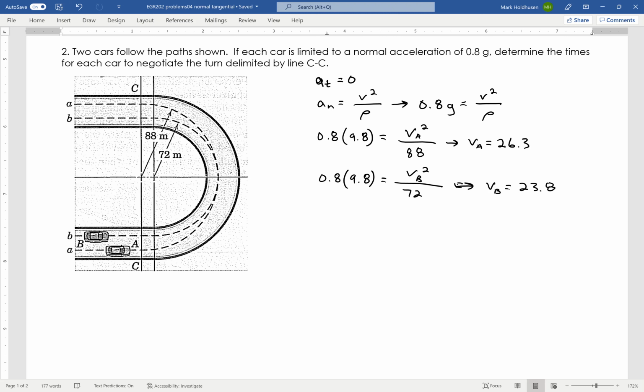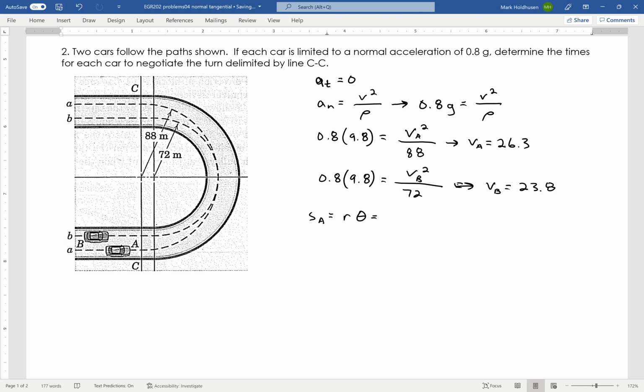Okay, so let's talk about the distance traveled of these two. Let's start with A. A is just going around a semicircle from C to C, right? So the arc length is essentially the radius times the angle, which for our purposes will be pi. I need to do this in radians; degrees won't work for this.